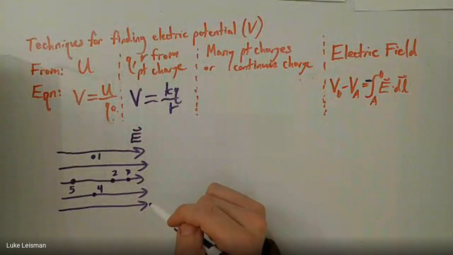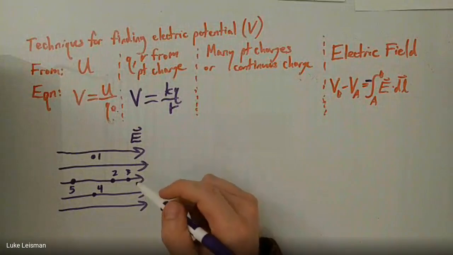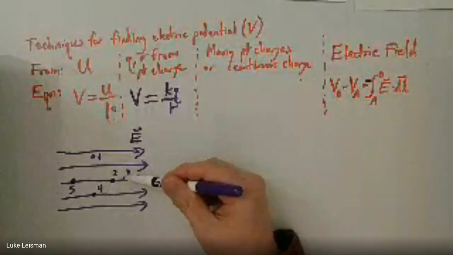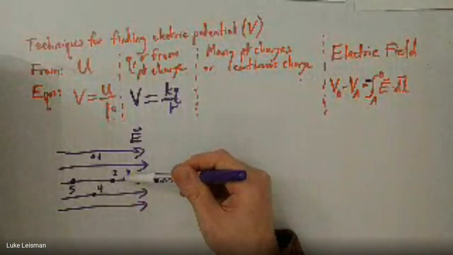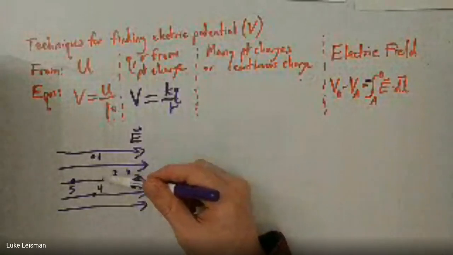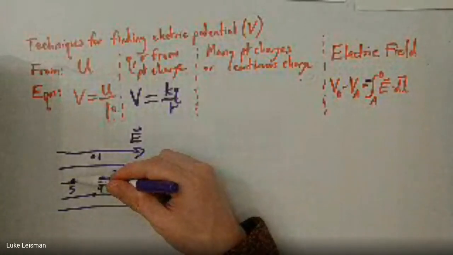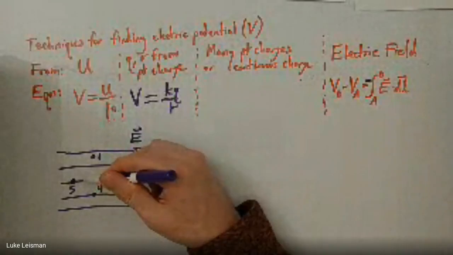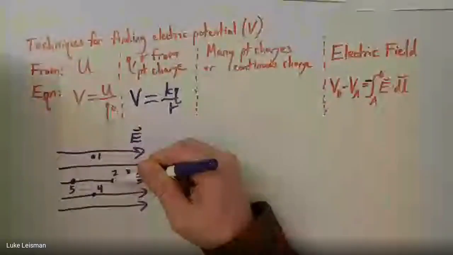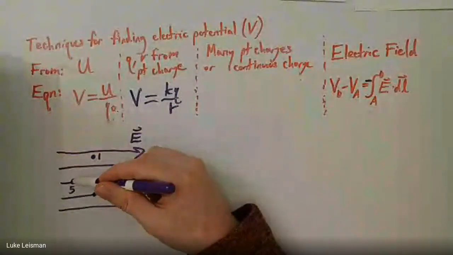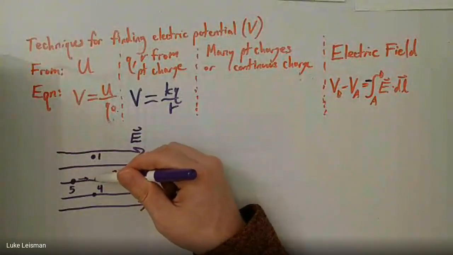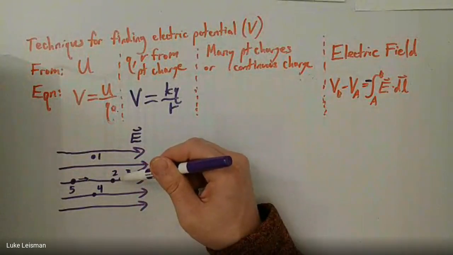So, well, how do we think about that? We talked last time that if you walk in some path along an electric field, so if I start here at 5 and I take a bunch of steps dl along this electric field, then E dot dl is going to be a positive dot product because I'm going in the direction of the electric field. And it's always the opposite of that.